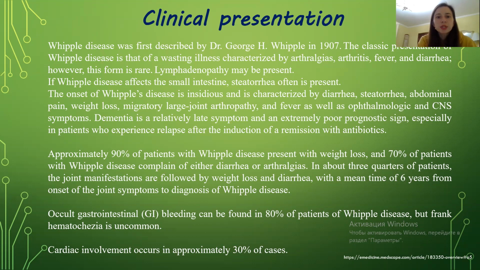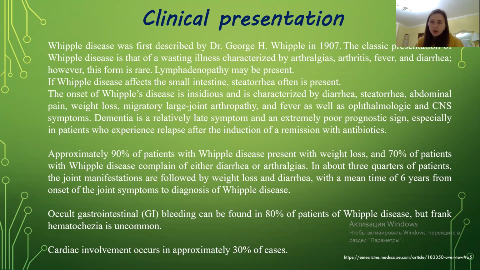Approximately 90% of patients with Whipple disease present with weight loss, and 70% complain of either diarrhea or arthralgia. In about three-quarters of patients, the joint manifestations are followed by weight loss and diarrhea, with a mean time of 6 years from onset of the joint symptoms to diagnosis of Whipple disease.